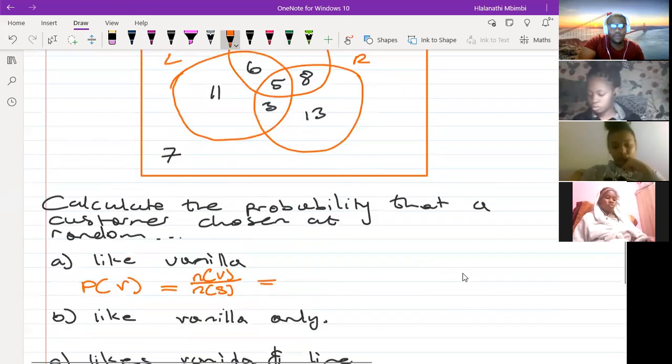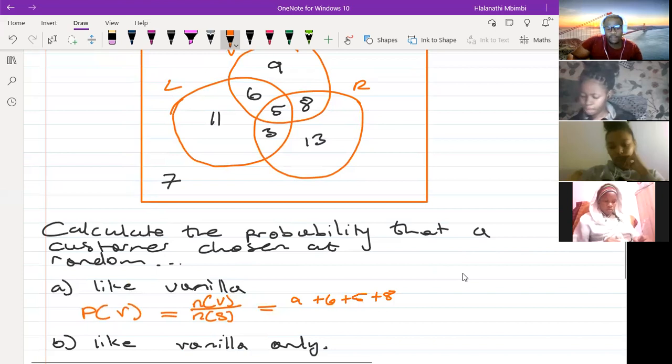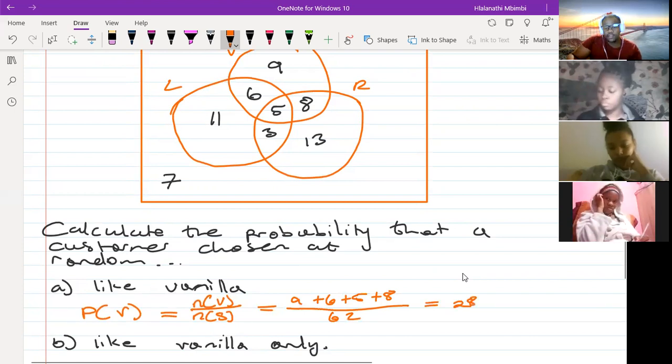The number of people liking vanilla is 9 plus 6 plus 5 plus 8, over 62. That gives a probability of 28 over 62.